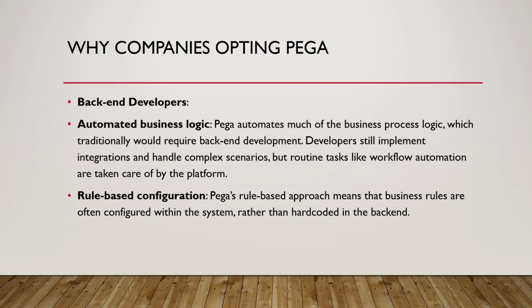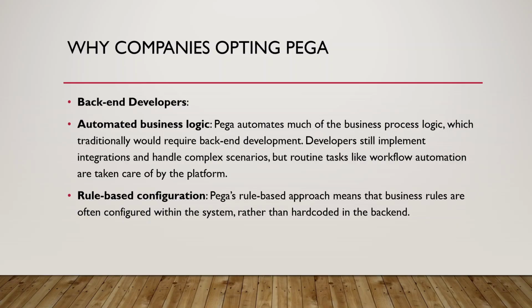Back-end developers are those who automate things in the back end, in any scenario which requires you to build logic in the backend. But in Pega, you don't have a front end or backend. You will be working on each and every rule, working on the UI, and along with that you will be developing the application using the backend logic that is already present in Pega.